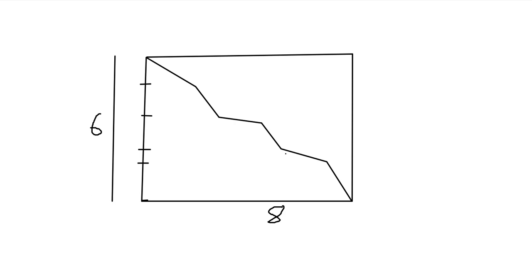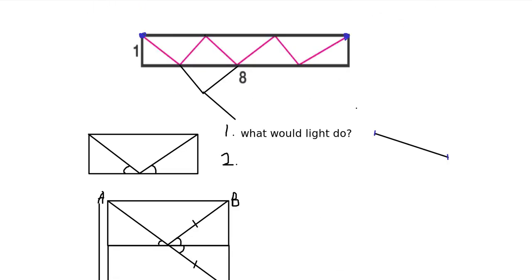Then what we're looking for is simply this. If all the zigzags lined up perfectly, then we could make a straight line segment, and that would be the minimum length. And so we just have to find the hypotenuse of a right triangle, because it's a rectangle that's been reflected, so it keeps its right angles, with legs of 6 and 8. So the answer is just 10.